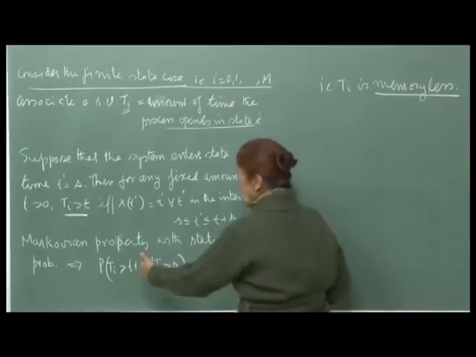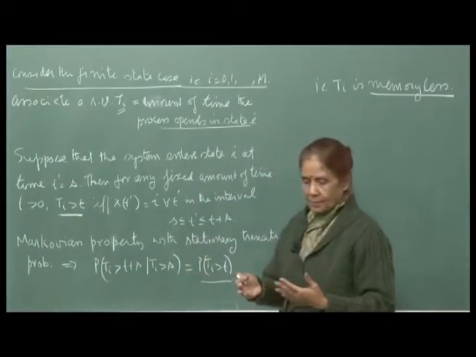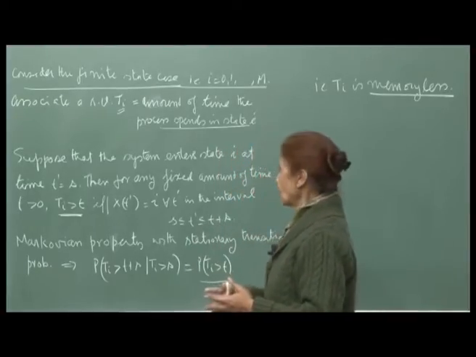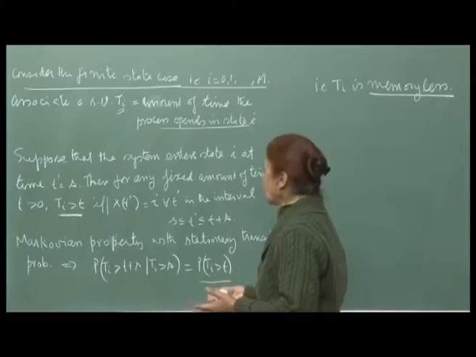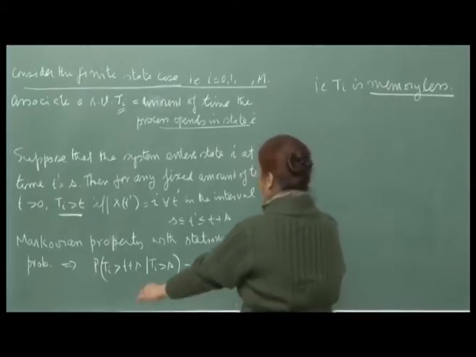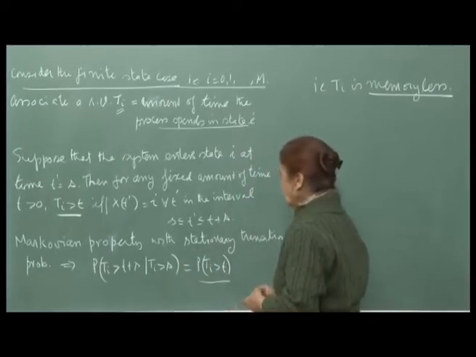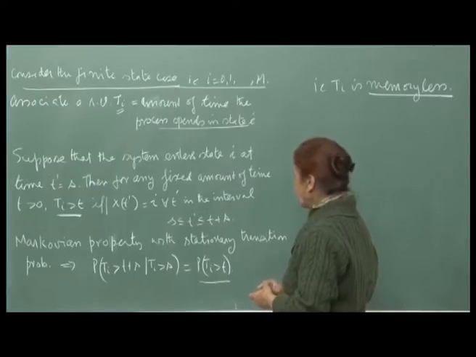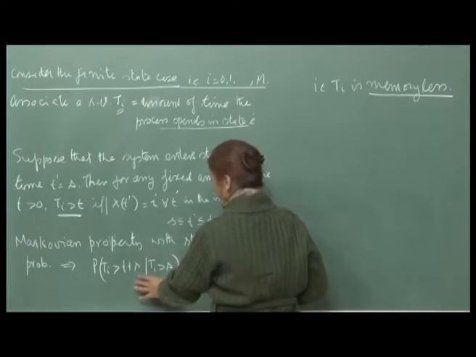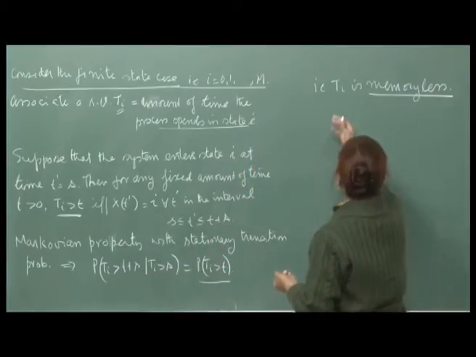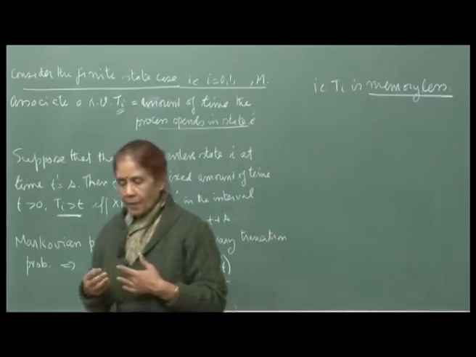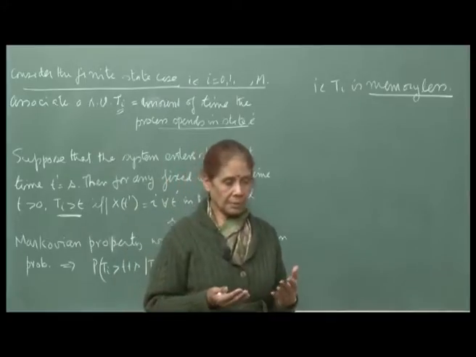Because of the course level, I could not prove the reverse, that any distribution having a memoryless property has to be negative exponential. I did not prove that part, but maybe later on, in an advanced course, you can see how that property is proved. In any case, since this is a Markovian process with memoryless property, T I will have a negative exponential distribution.